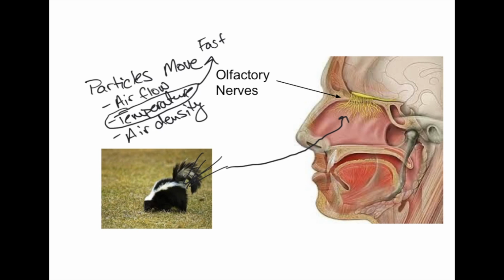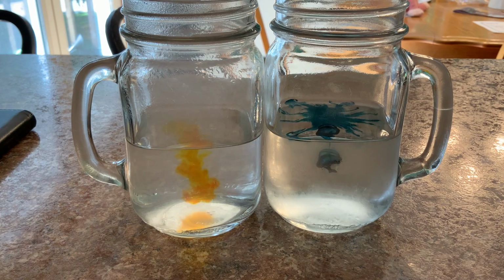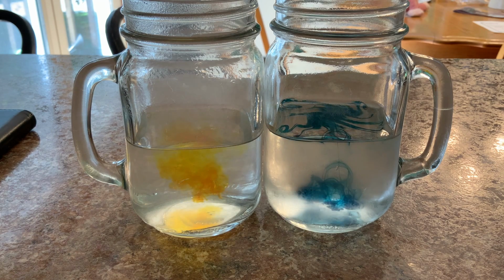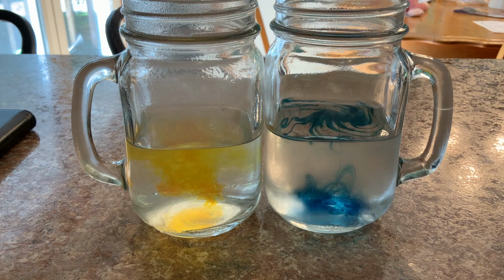I will go ahead and pull up another video here and see if we can demonstrate this. In the left container, I have very, very hot water, as you can see with the steam. And in the right container, I have very, very cold water. The particles of the water are very difficult to see, but if we add a little bit of food coloring, then we can see the particles and how they move.